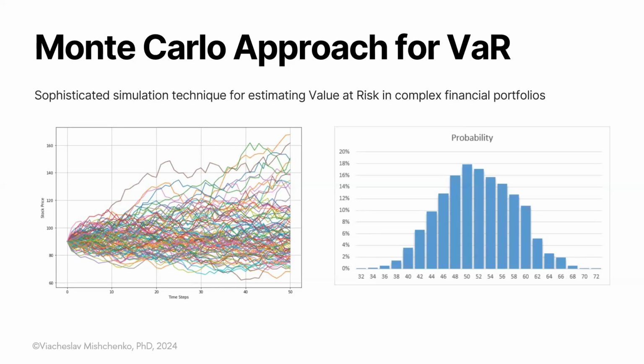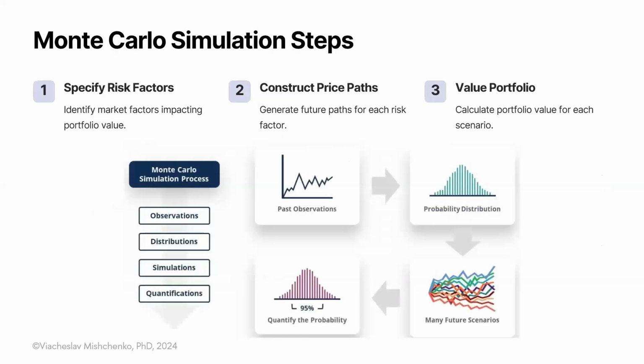The power of the Monte Carlo method really shines when dealing with complex multi-asset portfolios, or when we need to model intricate market dynamics. It can capture risks that simpler methods might miss, and it can provide a comprehensive view on potential losses. Therefore, let us consider the Monte Carlo simulation steps.